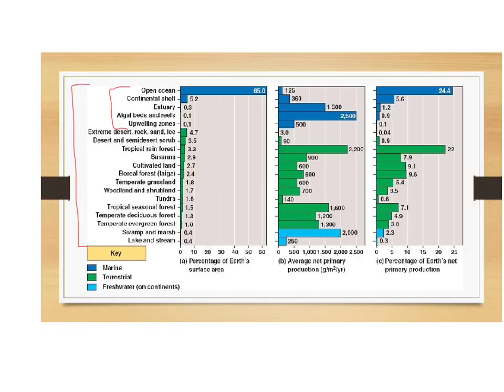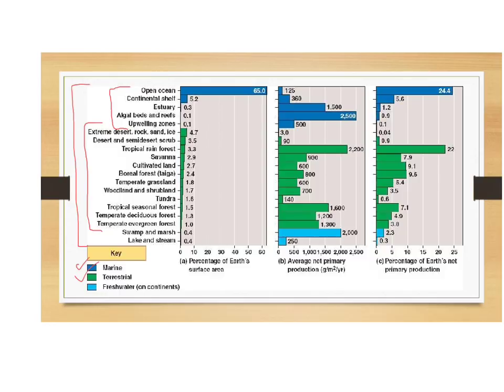Our terrestrial ecosystems are shown from here all the way down to here. Those are terrestrial, and those are shown in green, and you can look here at the key. We just talked about marine. Here's our terrestrial, shown in green, and they include extreme desert, rock, and ice, on through cultivated land. Cultivated land would be agricultural, boreal, woodland, tundra, and so on.